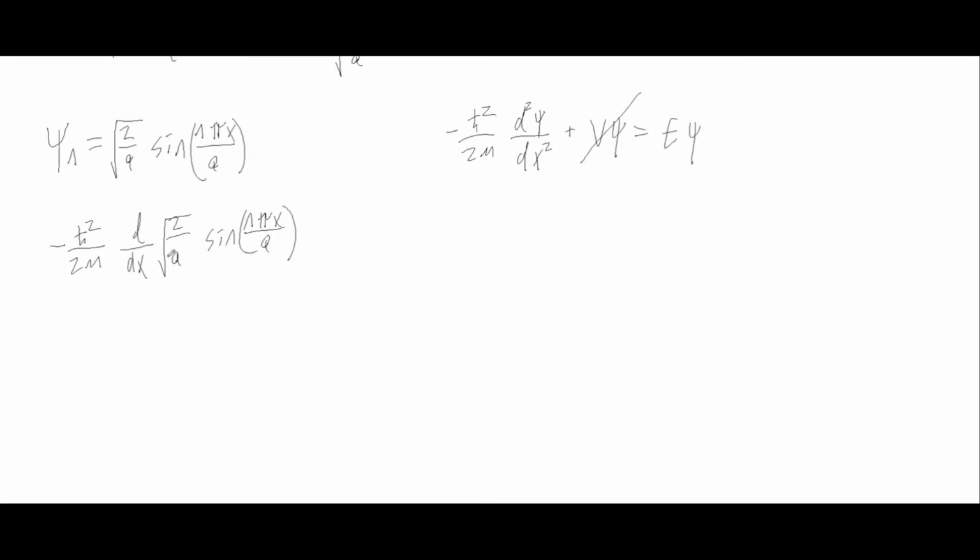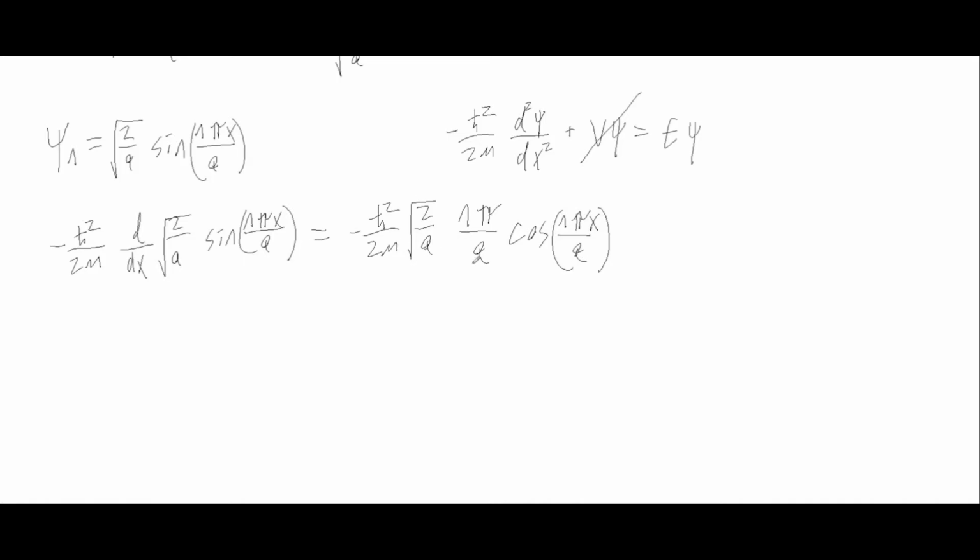But if we take the derivative of this sine, what we end up getting is negative h bar squared over 2m, the square root of 2 over a, and then the derivative would be n pi over a, and the sine changes to cosine, so it's cosine of n pi x over a. So that's the first derivative.